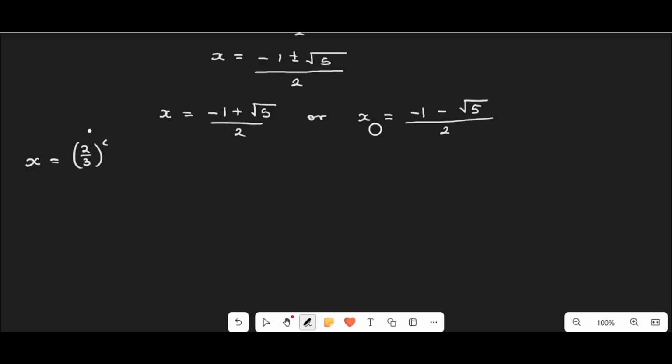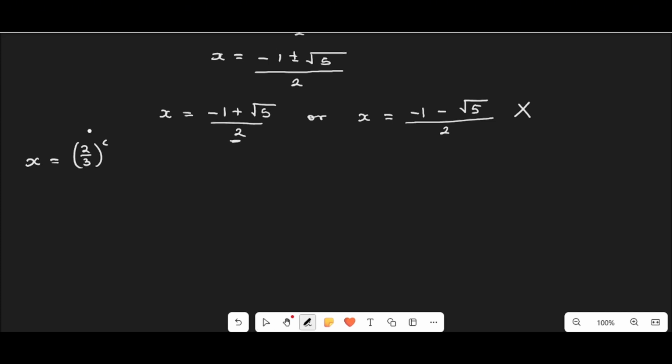But the second value of x here will give us negative, because -1 minus root 5 divided by 2 will give us a negative number. So we are going to discard this answer, and we are going to work with this.